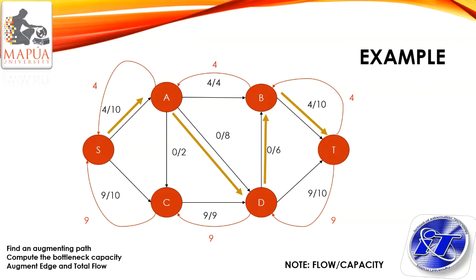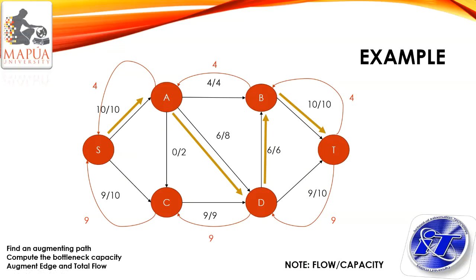So again, the bottleneck is 6. So update everything. So now this is fully utilized, another fully utilized. And for this node, 6 out of 8 was used.